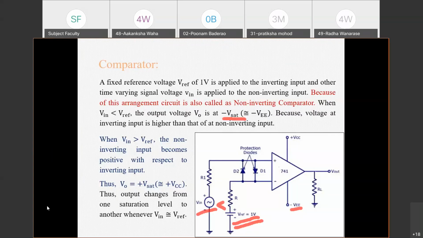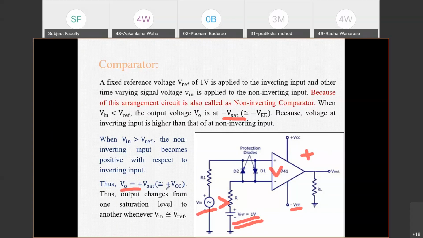Similarly, now the second case, when V in is greater than V reference, what will happen? Suppose this V in is now greater than V reference. That means the voltage at the non-inverting terminal is greater than the voltage at the inverting terminal. So your output will be positive Vsat.